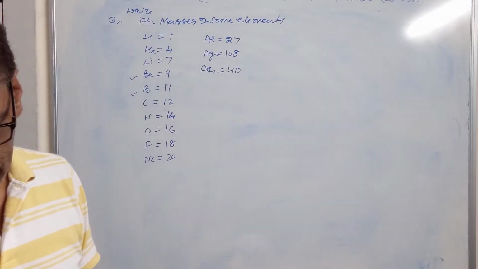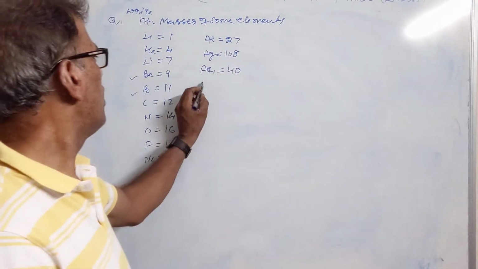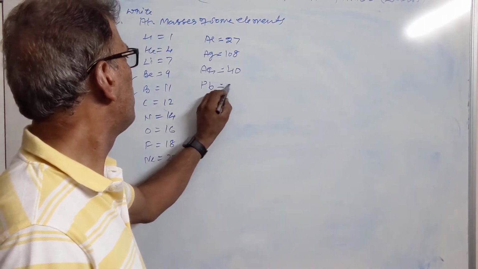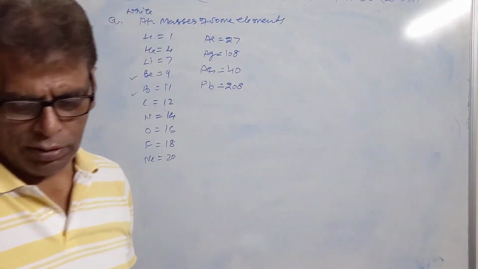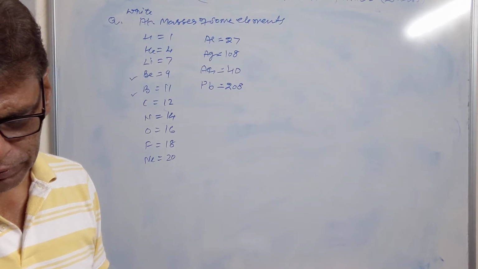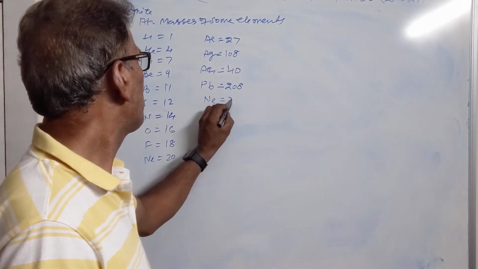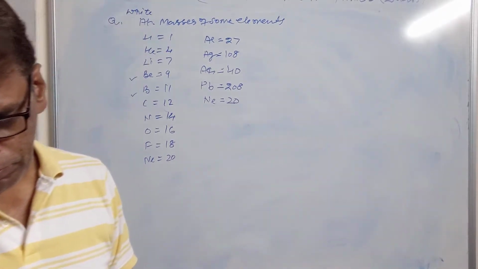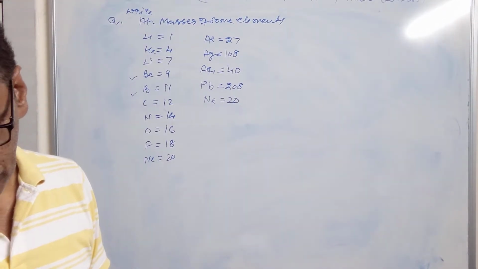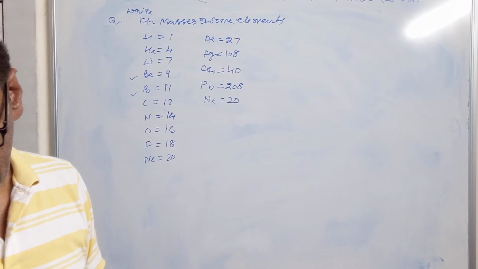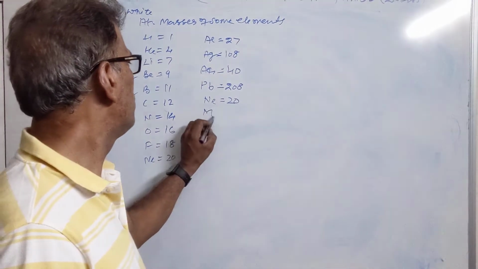Then we have the next lead, atomic mass is 208. After lead, we are having the neon, atomic mass is 20. The atomic mass of argon is 40. Magnesium 24.